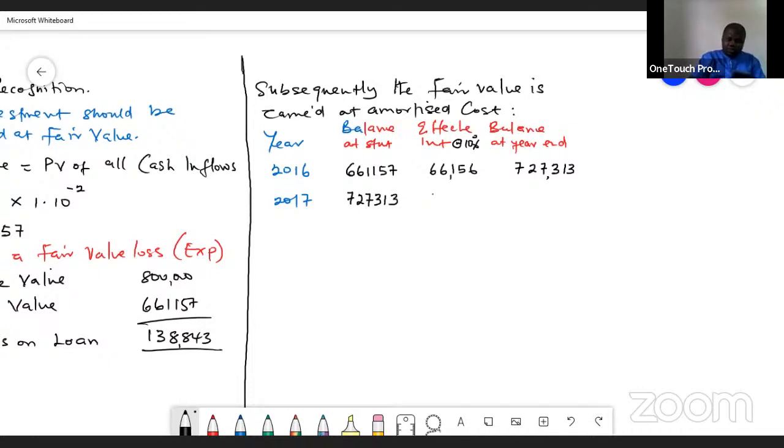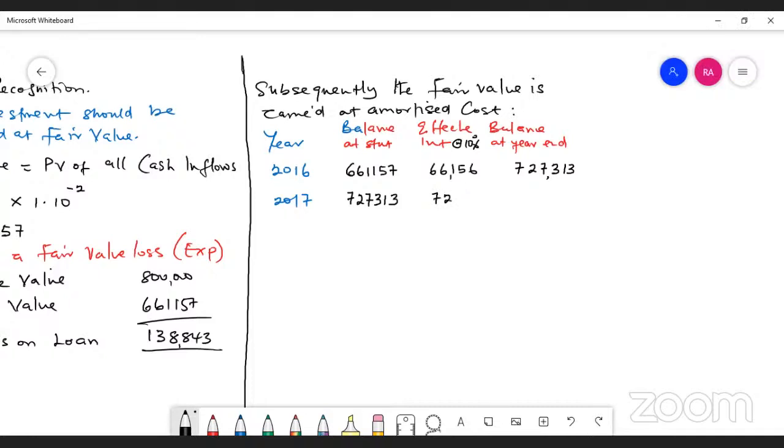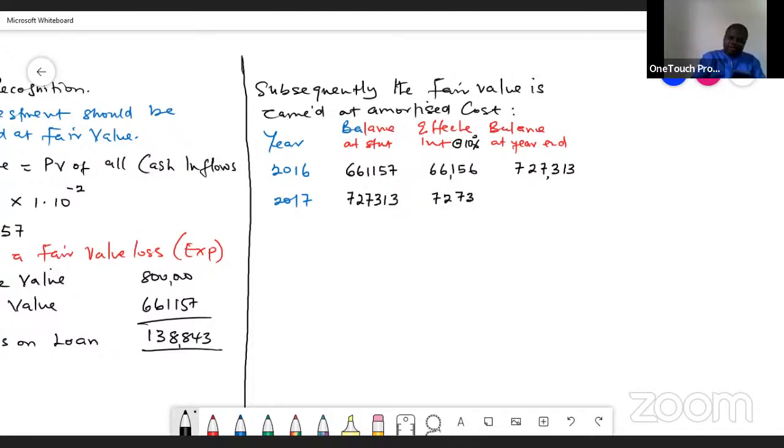So 10% will be 72,731. So plus 727,313, so 800,044. So approximately 800,000. You understand? So approximately the 800,000.